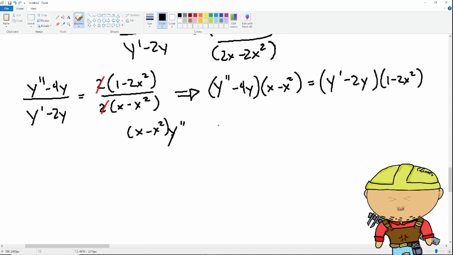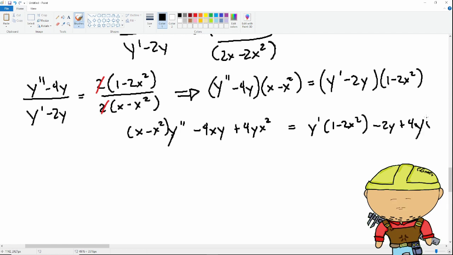Then negative 4y multiplied by x minus x squared will become negative 4xy plus 4y x squared, because negative multiplied by negative is positive, is equal to y prime multiplied by 1 minus 2x squared, then minus 2y plus 4y x squared.